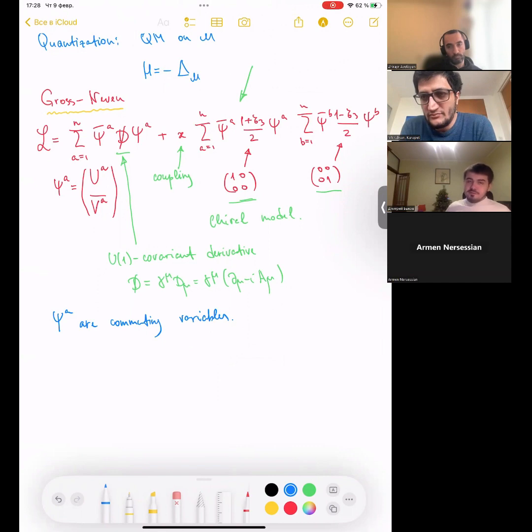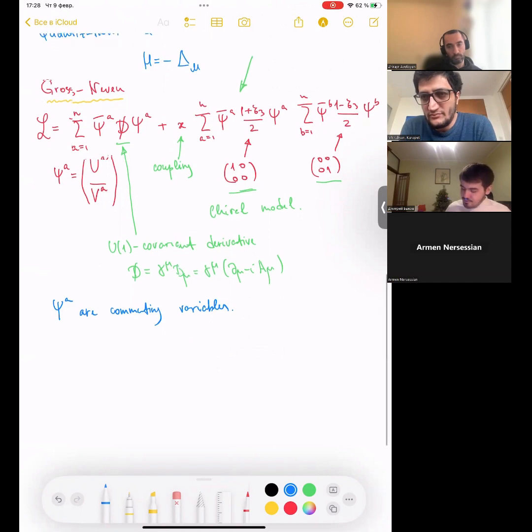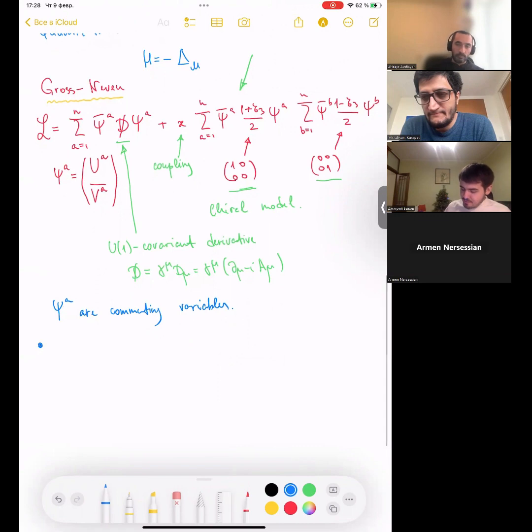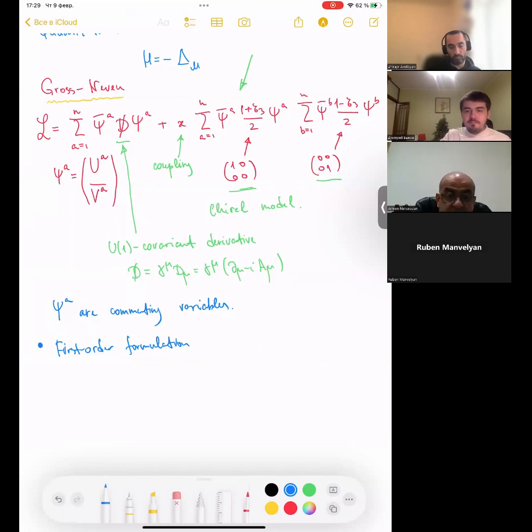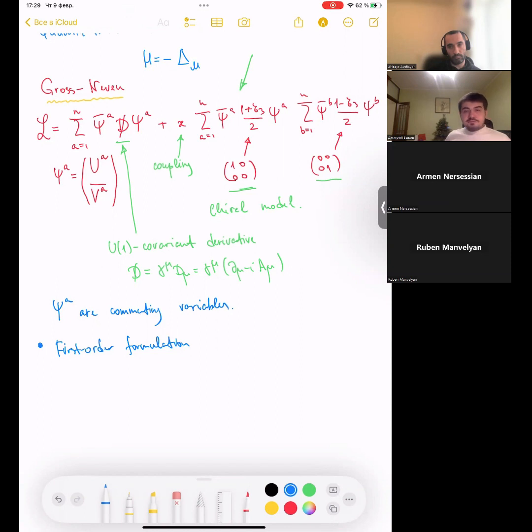Yes, that's right. So it's a first order formulation, like you say. Just to fix something, it means that momenta and coordinates you unify in one psi field, then write the symplectic form, and then you have the Gross-Neveu model as the first order formalism of your bosonic sigma model, or not?